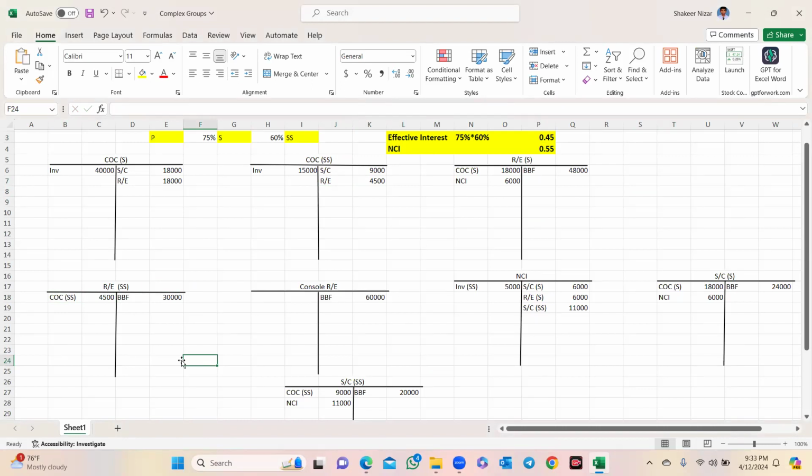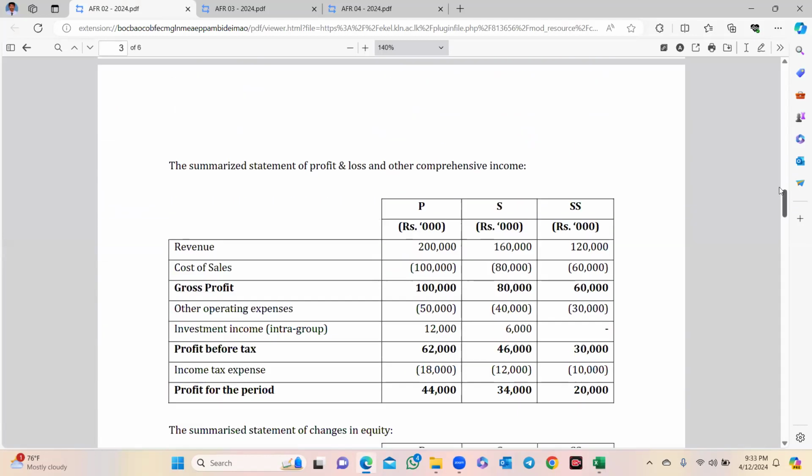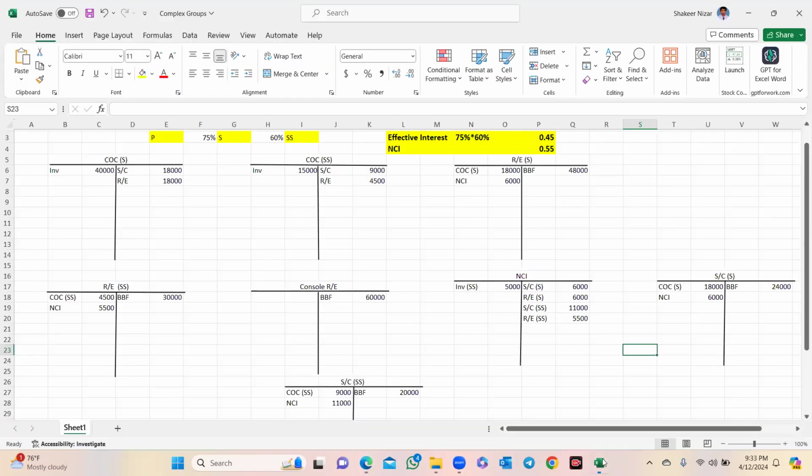Retained earnings 5,500, NCI, the retained earnings of SS, 5,500, right? I think now it's clear. So we have done this one, and no NCI is recognized later on. Now the adjustments are done. This is the basic one.